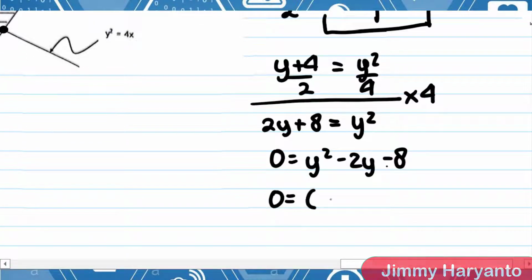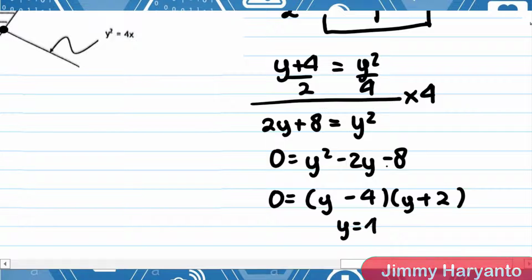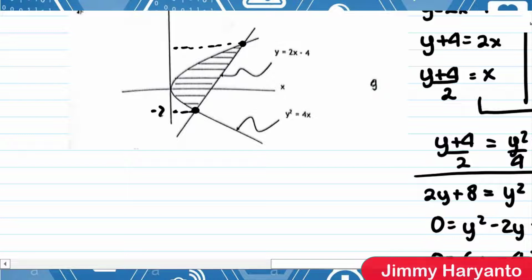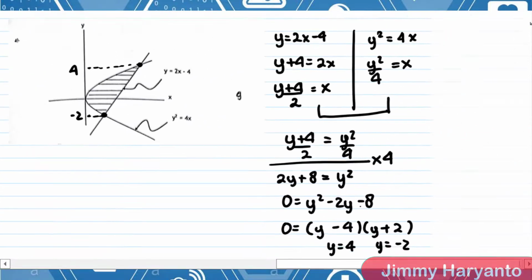And then as usual, if you found this quadratic equation, you have to factorize it. 4 and negative 2. Okay, so y equals 4 and y equals negative 2.